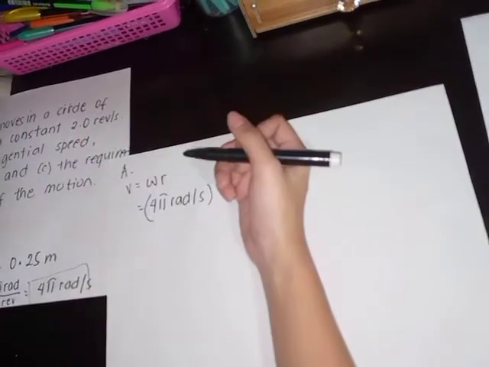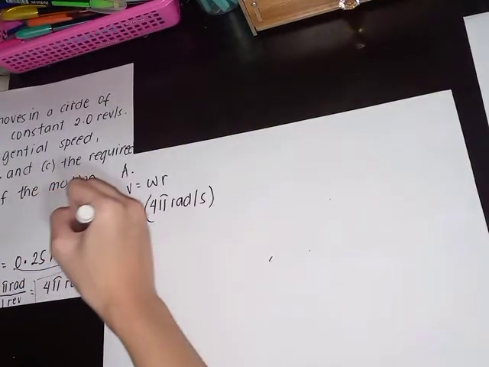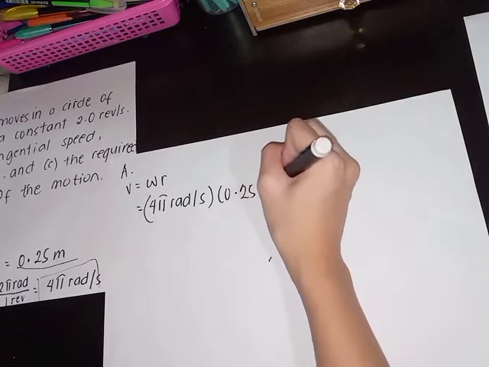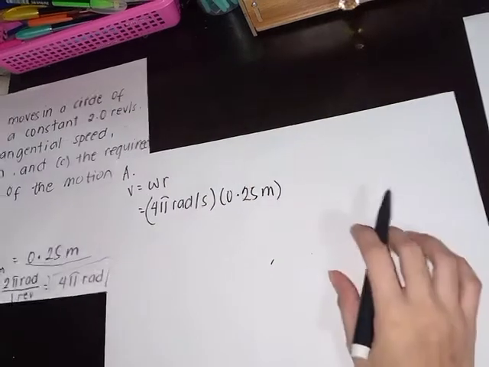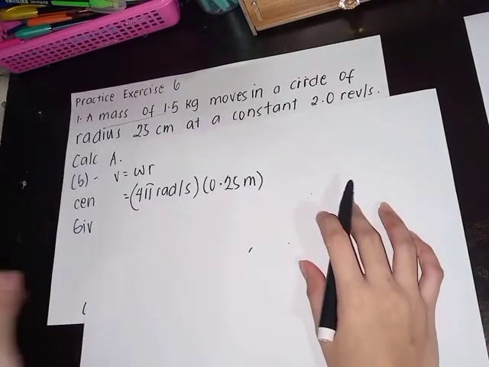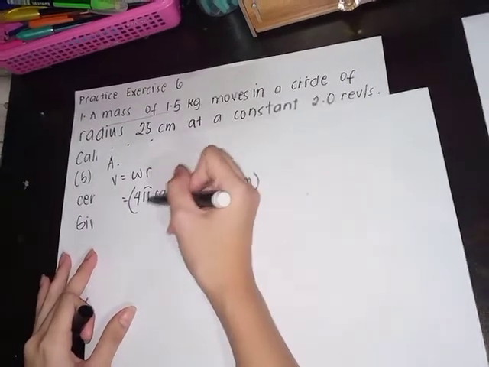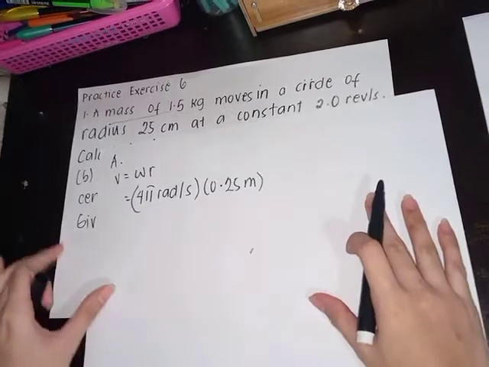And we also have a radius of, itong radius, 0.25 meter. Ayan. So, 4 pi times 0.25, pi is equivalent to 3.14.